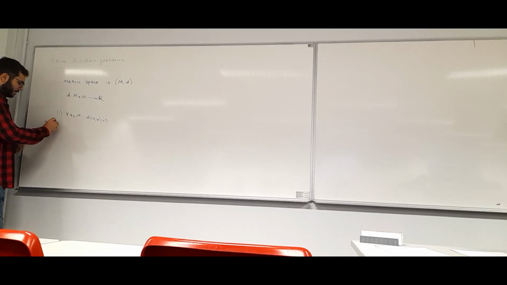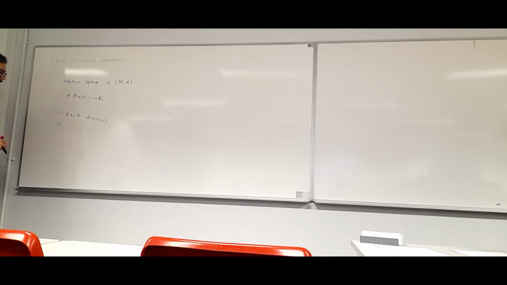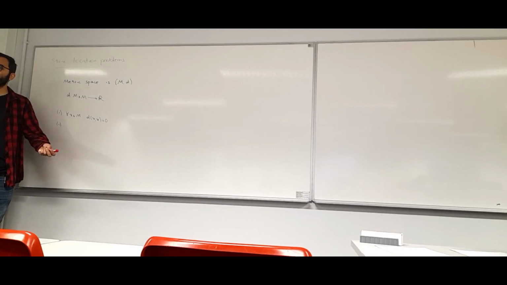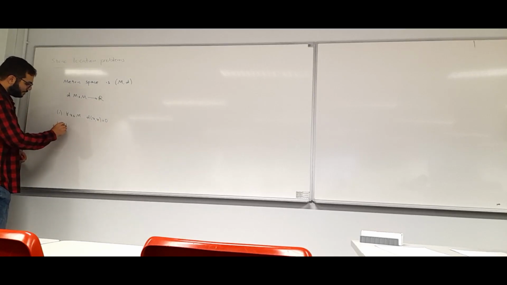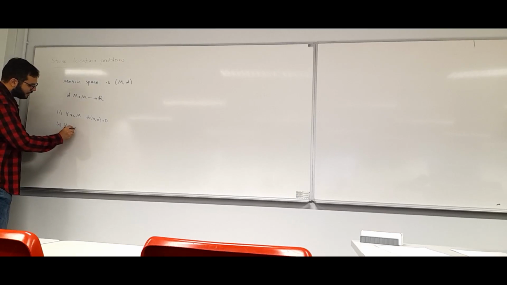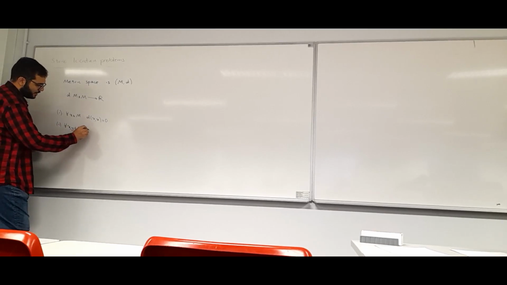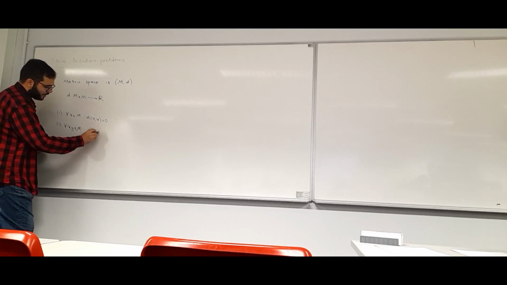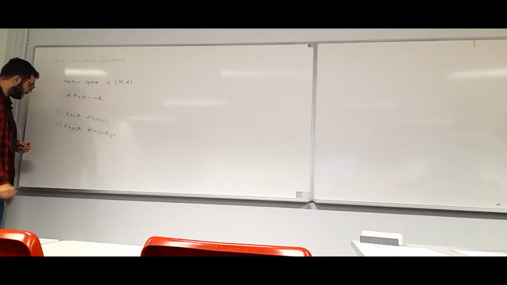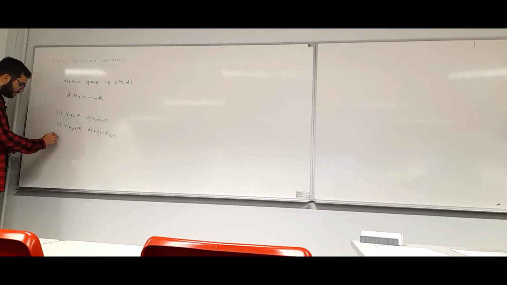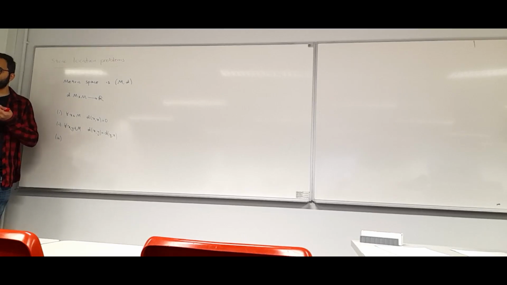The second constraint, which is very trivial, is that the distance from x to y is the same as the distance from y to x. So for every 2 points, x and y, in my metric space, the distance from x to y is the same as the distance from y to x. Okay. The third point is that if the distance between 2 points is 0, those 2 points are the same.